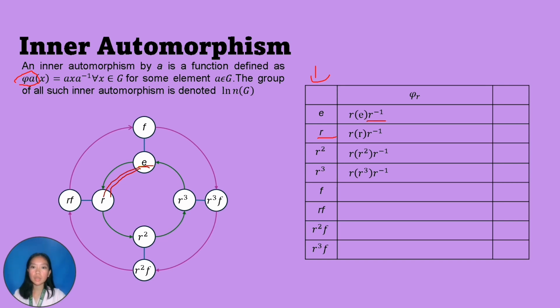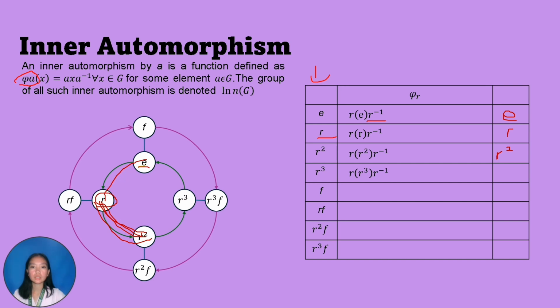That means we have E. Next, from R, that's E, then another R, and then R inverse, which means it's R. And for R squared, we have R, another R, another R, and R inverse, so we have R squared.